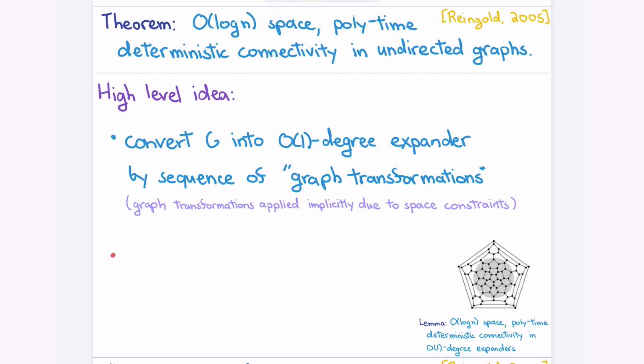High level, to take a high degree graph and turn it into low degree, you just split the vertices up, and then you have to be a little bit clever about how to do this in log n space. So if you have edges numbered from 1 to n, the first 4, second 4, third 4, you just need some schema to be able to do this implicitly in log n space. I think it's not that bad.